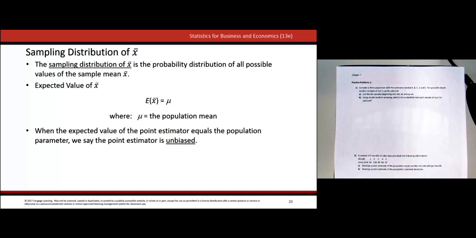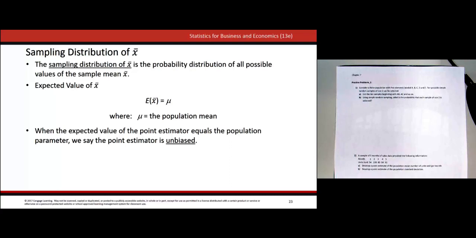So remember, we said we have two types of estimates, point and interval. A point estimate, like the sample mean as the point estimator of the population mean, is one single number. We also calculate interval estimates, which provide a range of possible values. The purpose of the interval estimate is that the sample point estimate is just one single number and doesn't provide any information about how close that sample mean is to the value of the population mean.